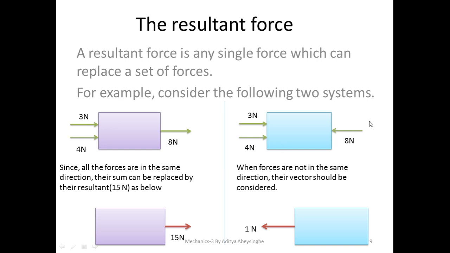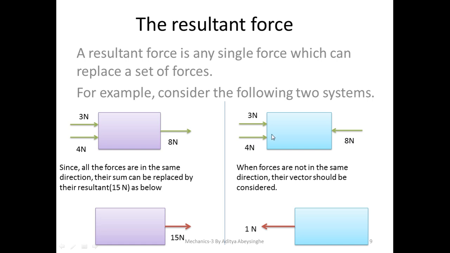However, when this 8 Newton force is reversed in this direction, we have to take the vector addition. If we have some force in the opposite direction to the one we are considering, we generally take the minus value. So if we take the positive direction in this direction, this 8 Newton will be minus.